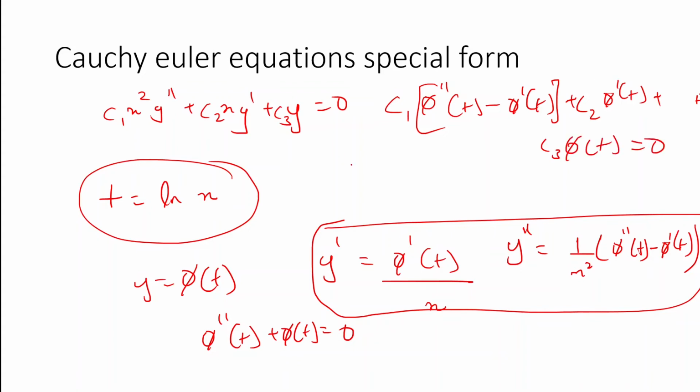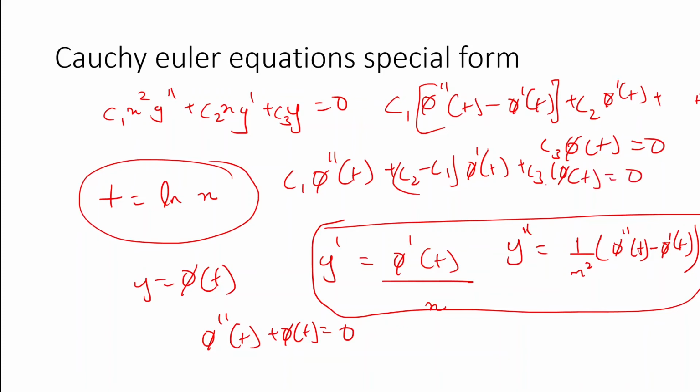If we separate these things, C1 phi double prime t plus (C2 minus C1) phi prime of t plus C3 phi t is equal to 0.